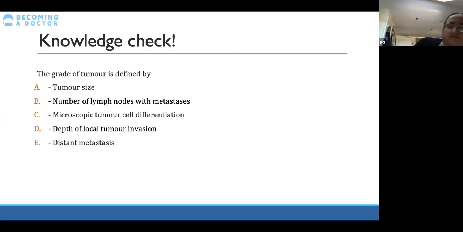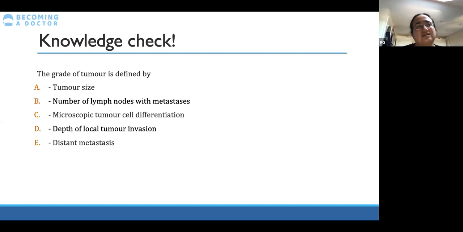Yeah, so I think the really important thing is to understand the difference between grade and stage, because that's probably one of the most common things you get asked in postgraduate exams. It's a very common exam question, for example in MRCS. I was a surgeon before I became a histopathologist, and that's quite a common question you get asked.